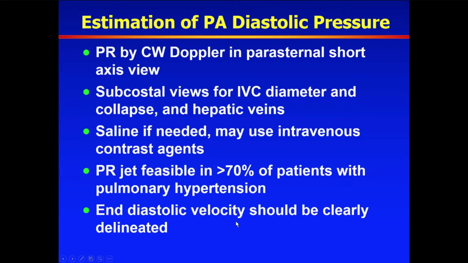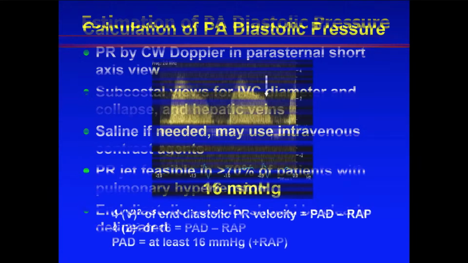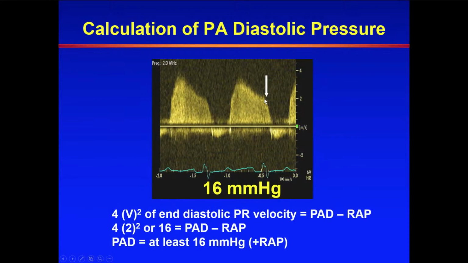The most important part of the signal for estimating PA diastolic pressure is the end diastolic velocity. So as you see here, this is the end diastolic velocity that we are interested in. And if we do the modified Bernoulli equation, even without adding any estimate of the RA pressure, you can say the PA diastolic is at least 16 millimeters mercury.